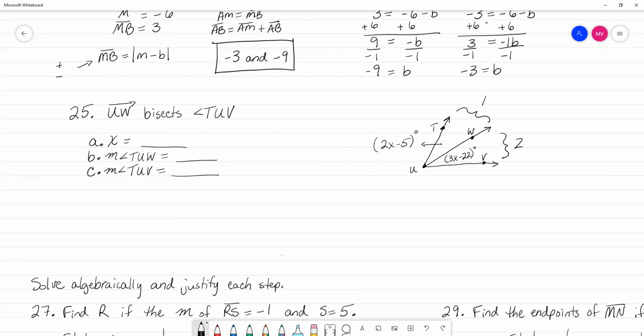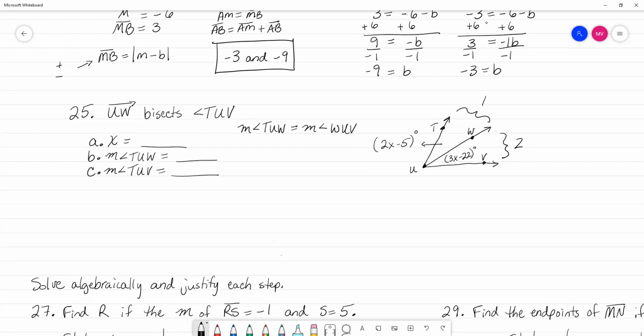angle TUW, which I've kind of marked as a 1 here. So the measurement of angle TUW is equal to the measurement of angle WUV, because that's a perfect bisector. So it has cut that main angle TUV in half, but those are equal.